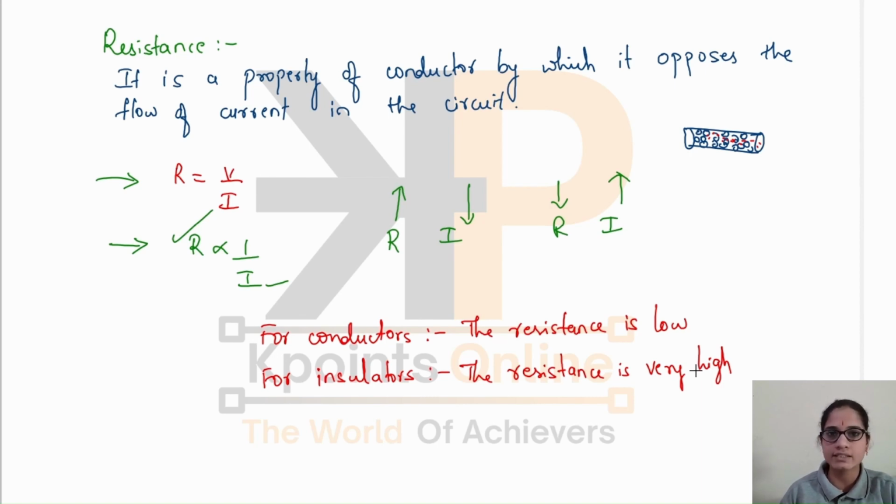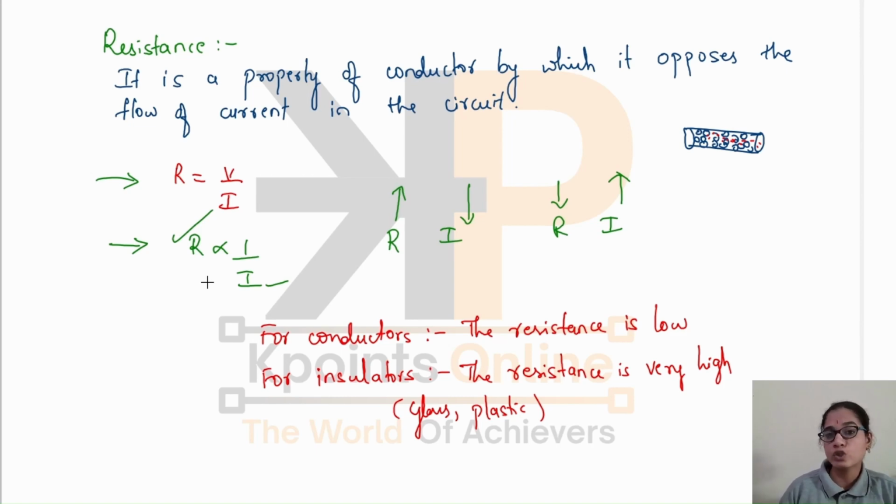You can't even detect the electric current flowing through them. For example, glass and plastics are good examples of insulators. They offer very high resistance to the flow of electric current. Even if you say electric current is passing through them, it is very negligible. It is equivalent to none.